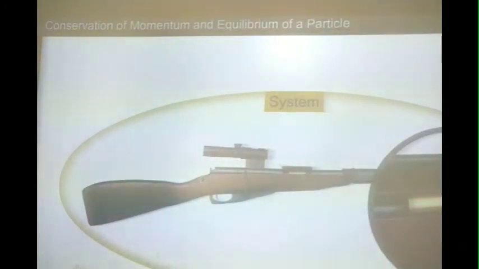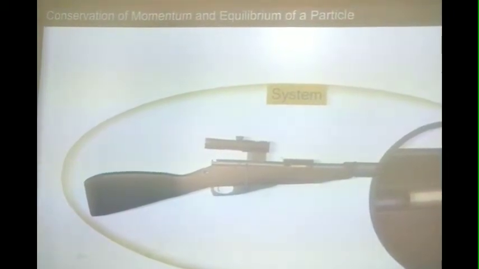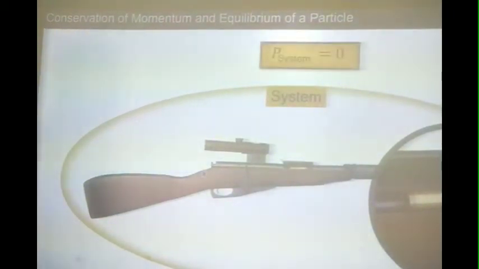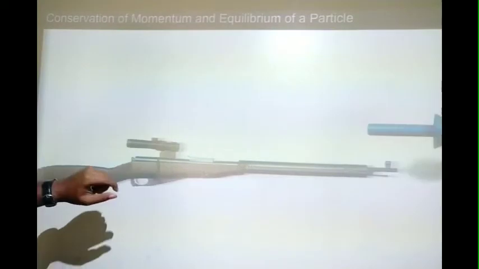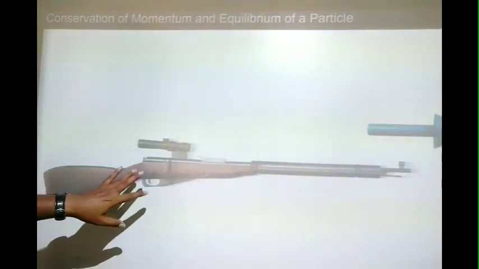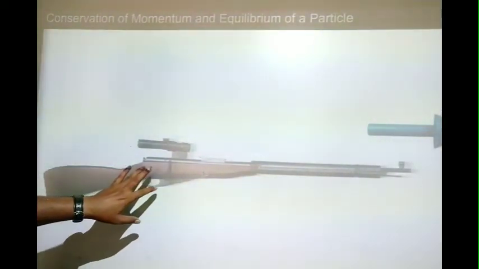Initially, the gun and the bullet are at rest, which means the momentum of the system is zero. As soon as the bullet is fired, it moves forward with a very high velocity. Thus, there is a force exerted by the gun on the bullet in the forward direction.